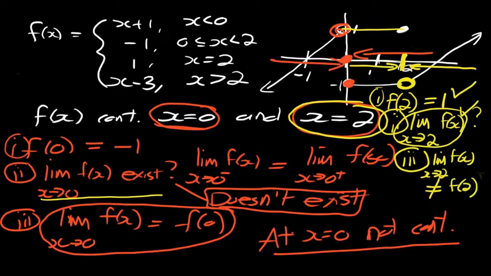Remember, the limit of f(x) as x approaches 2 is -1, but f(2), the function at x equal to 2, has a value of 1. These two are not the same, and therefore it's not continuous.